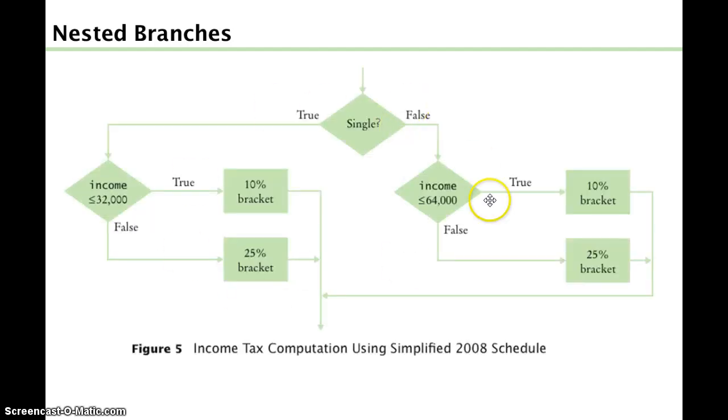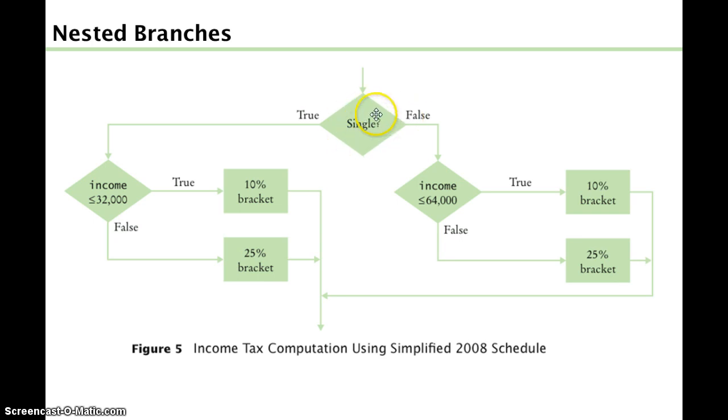So here is a flow chart to show all the branches of the ifs. If you're single, okay, so if that's true, then is your income level less than or equal to 32,000? If it is, then you're in the 10% bracket. If that's false, if you make more than 32,000, then your tax bracket is 25%.